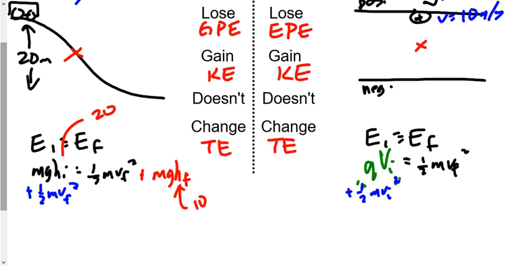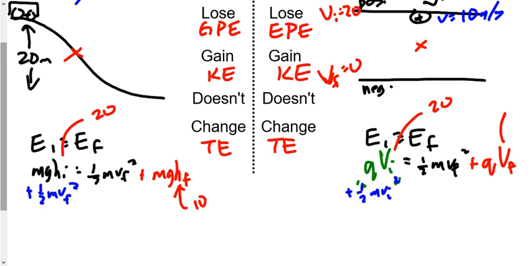Well, what if I wanted to find the speed halfway across here? What kind do I start with? Potential and kinetic. Except potential is QV. What kind do I end with? Potential and kinetic. Except potential is QV. Now, if the initial potential here was 20 and the final potential was 0, then we would say VI is 20 and VF is, what is it?